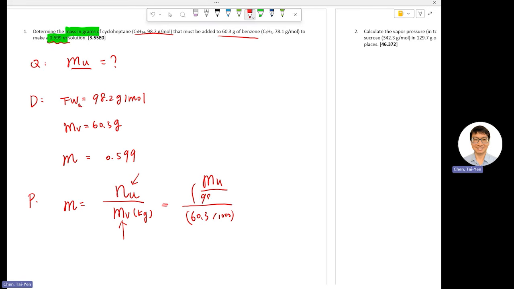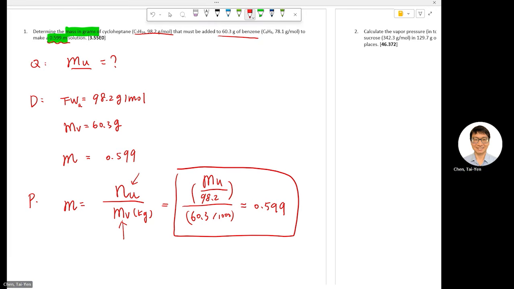It's 98.2, so you can write that. And you also know the overall concentration is 0.599. Therefore, you conclude this equation. The only unknown that you have is the mass of your solute. Then all you do is solve this equation.